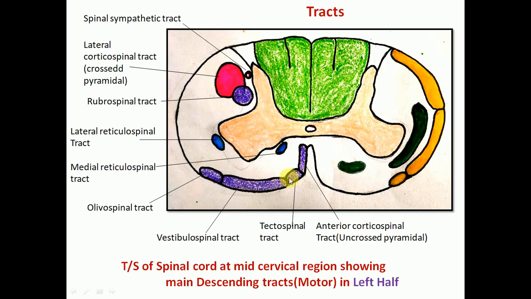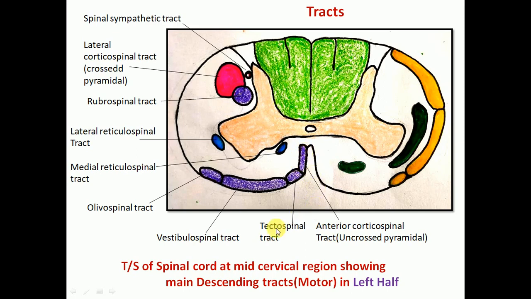Then the tectospinal tract, concerned with the visuomotor reflex and movements of the head and neck along with the eye. So they ultimately control unconscious kinesthesia. And the anterior corticospinal tract we already discussed, concerned with control of fine skillful movements of the opposite half of the body.